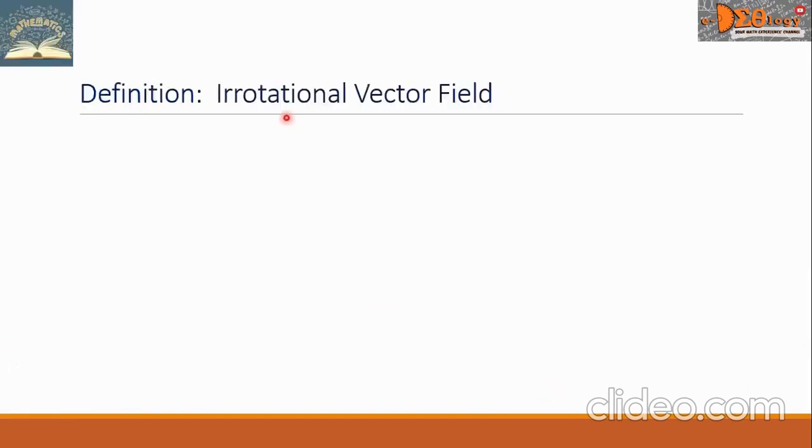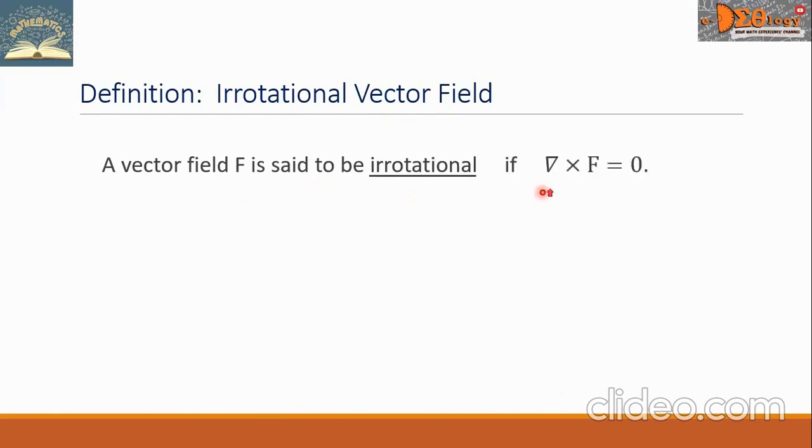Now let us define irrotational vector field. A vector field, capital F, is said to be irrotational if gradient cross capital F equals 0.